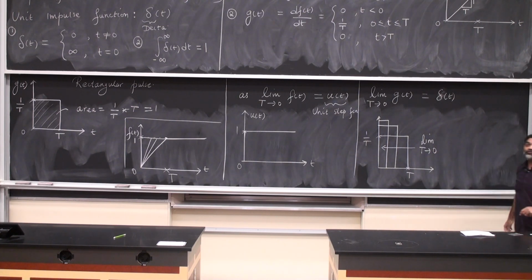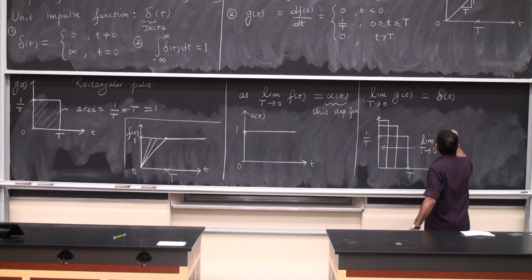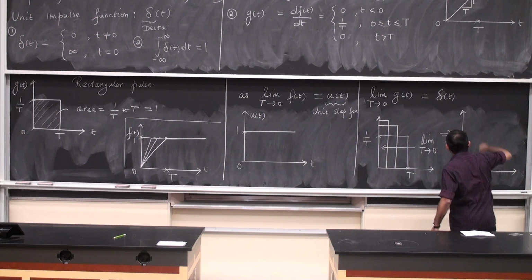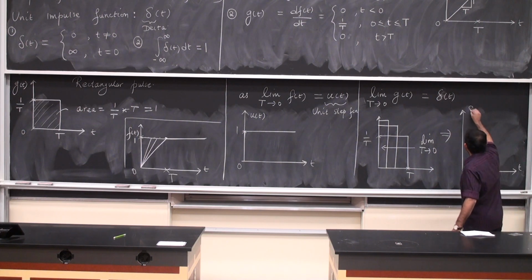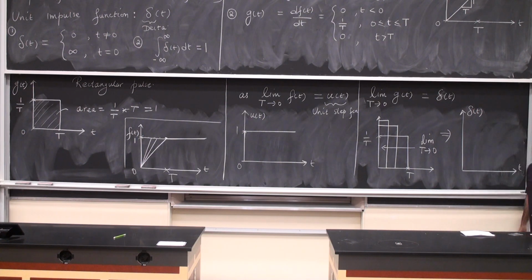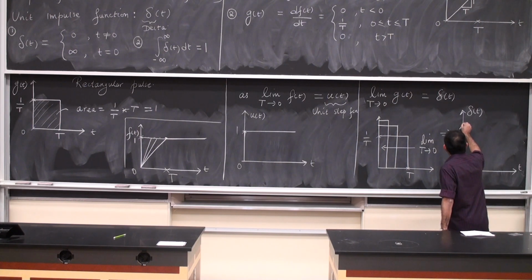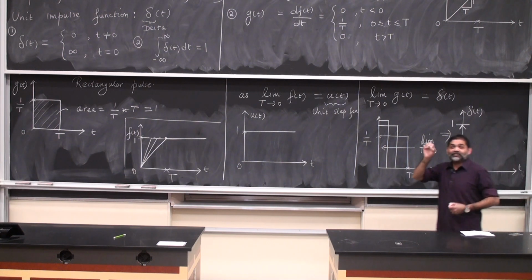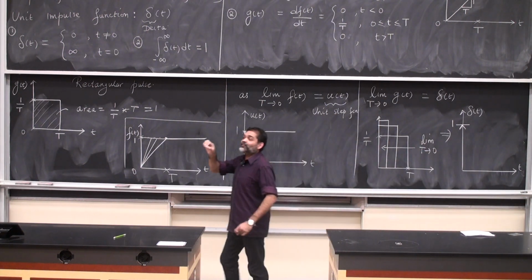And please notice how this is drawn. This is t. Delta of t is the unit impulse function. When you draw the unit impulse function, here is what you do. On the y-axis, you put a magnitude of 1. What does that magnitude represent? That magnitude represents the area under the impulse function.